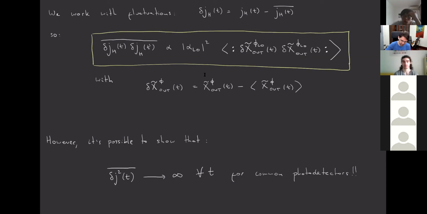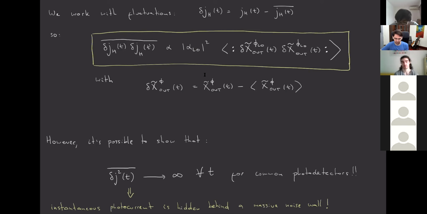So essentially, this result is telling you that the instantaneous photocurrent is essentially hidden behind a massive noise wall, okay, or wall of noise.